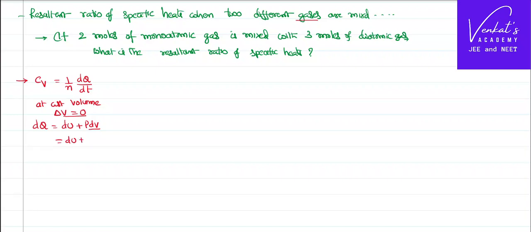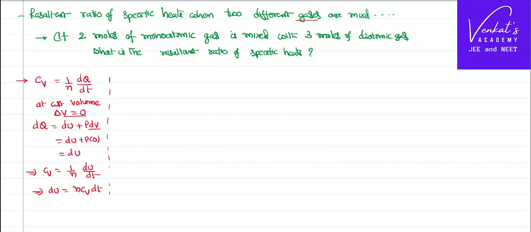So du plus p into 0 is equal to du itself. That implies Cv can be written as 1 by n du by dt. So if you want further, in the place of du, you can write n into Cv dt. Of course, I am going to use it in the further expression. That's why I have derived this here for you.